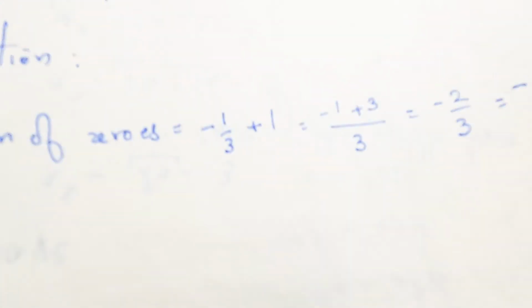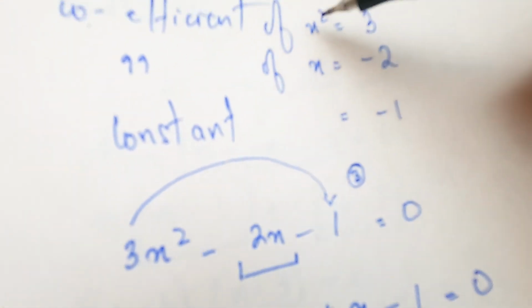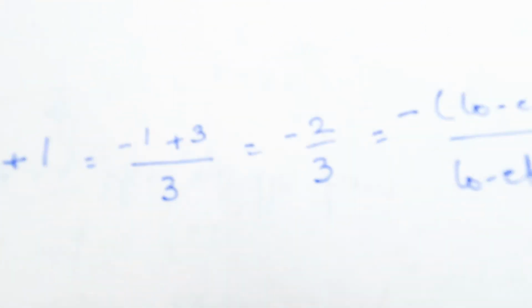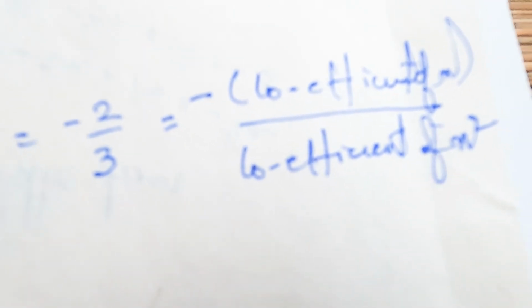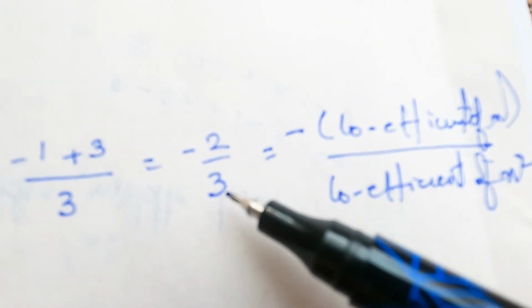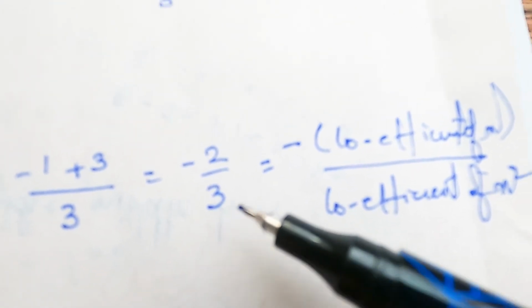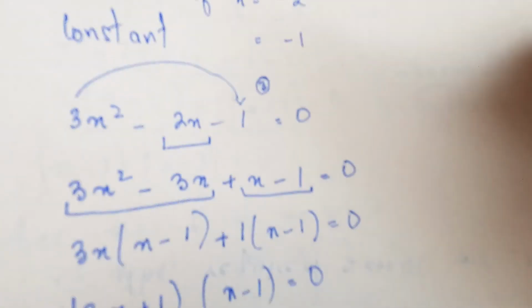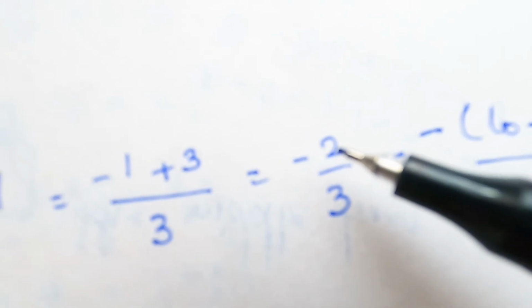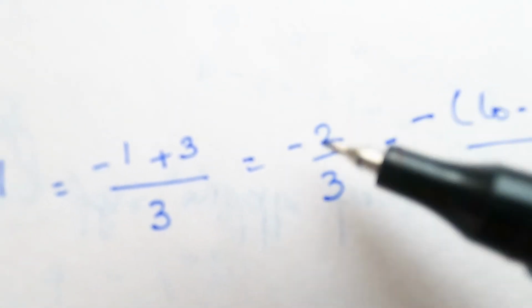Now the coefficient of x square, what is it? It is 3. Here also, how much are we getting? 3. All right, which is correct. And the coefficient of x, how much are we getting here? Minus 2. Here also, minus 2. Hence verified.